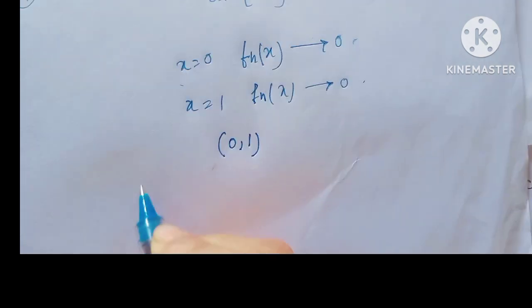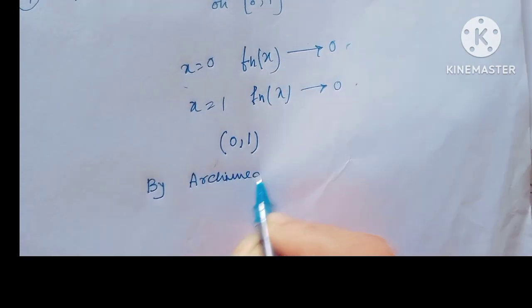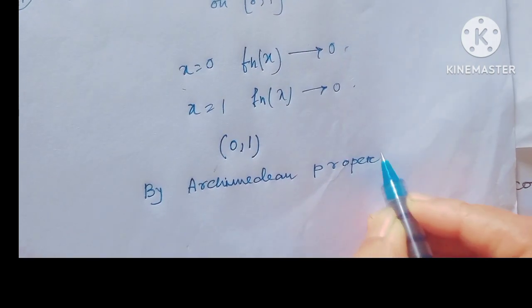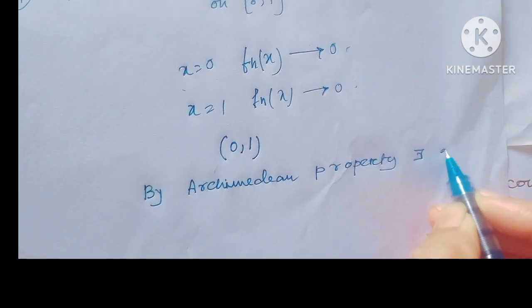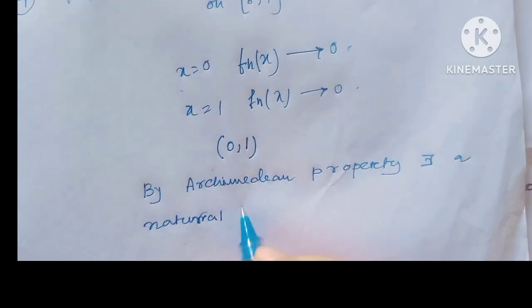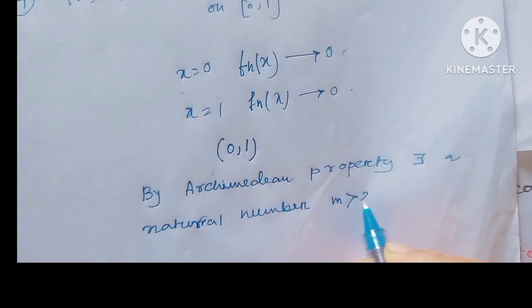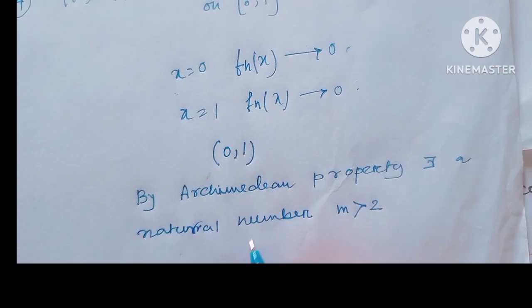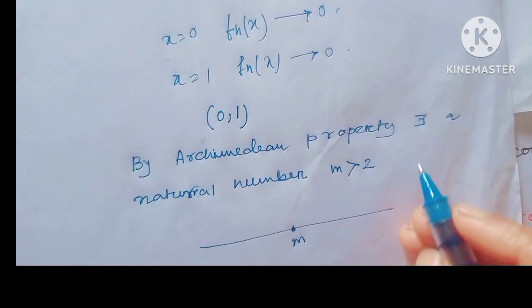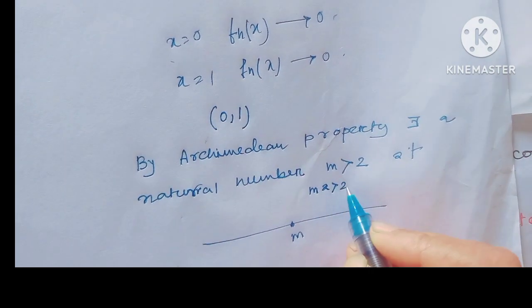By the Archimedean property, we all know there exists a natural number m such that mx is greater than 2.